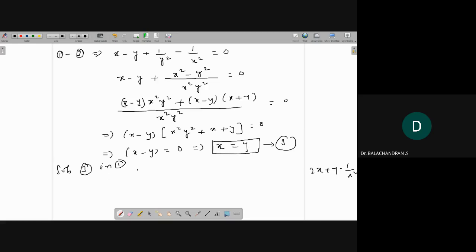So 2y plus y minus 1 by y square is equal to 0, or 3y minus 1 by y square equal to 0, or 3y cube minus 1 equal to 0, or y cube equal to 1 by 3.